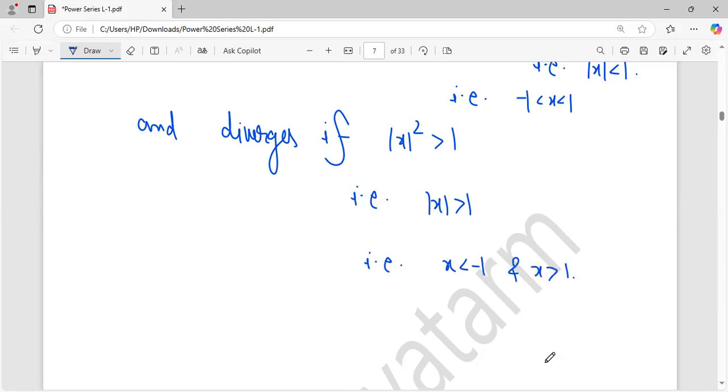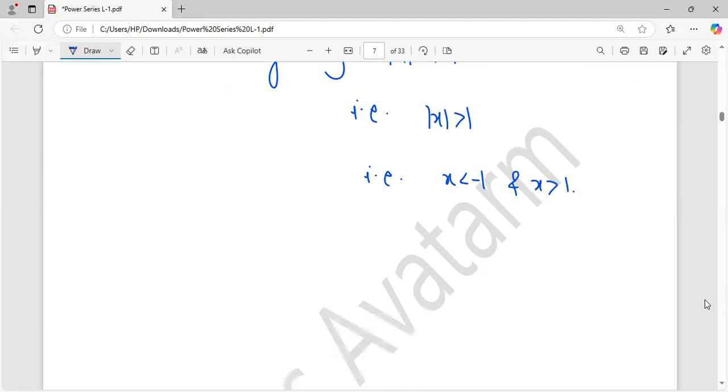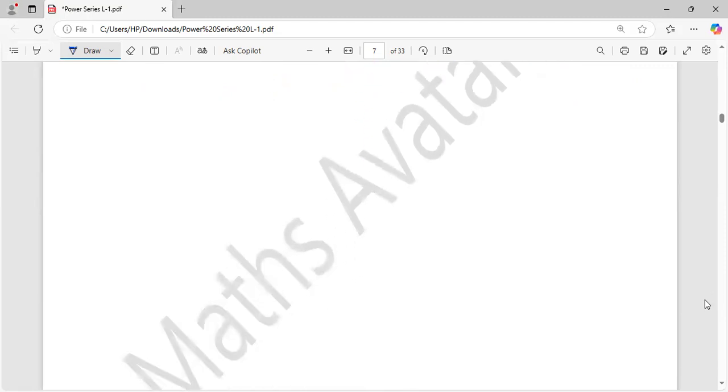Now we have to check separately for x is equal to 1 and x is equal to minus 1. For x is equal to 1, what do we have?